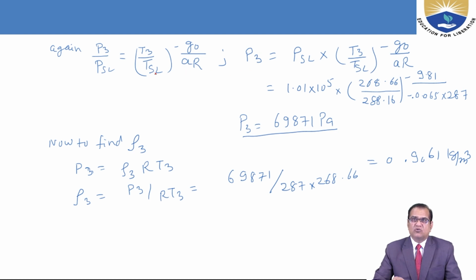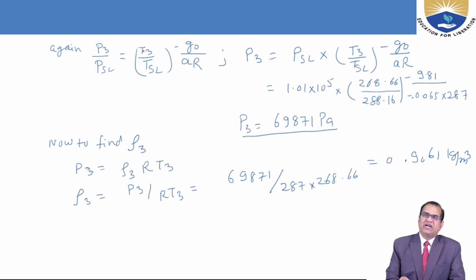So P3 is equal to PSL into T3 by TSL to the power G0 by AR. R is given, G0 is also given, all the parameters are given. The atmospheric pressure at sea level is 1.01 into 10 to the power 5.